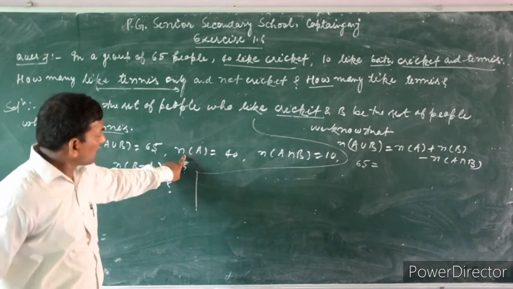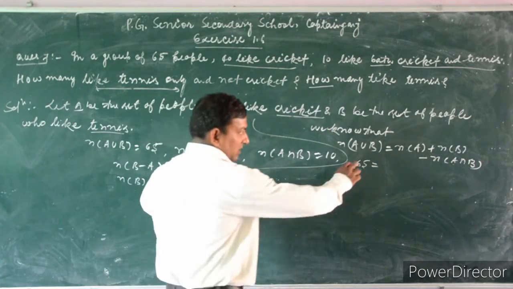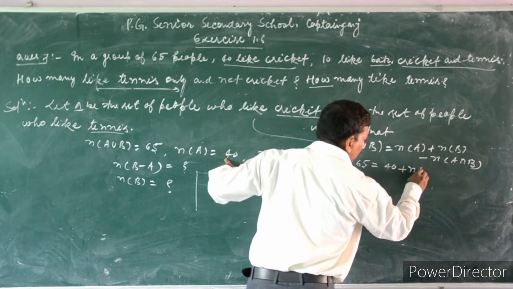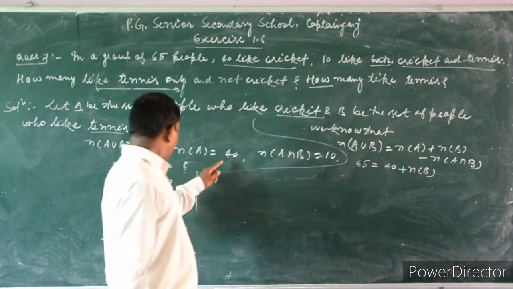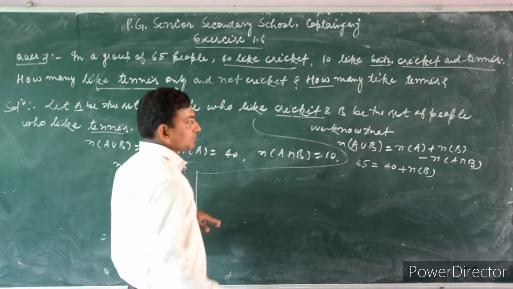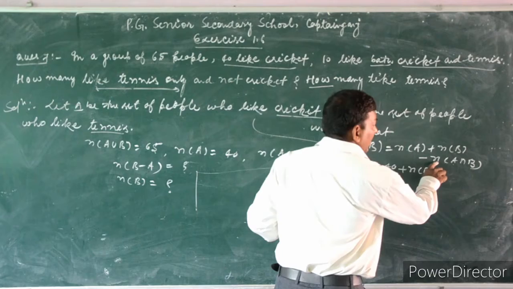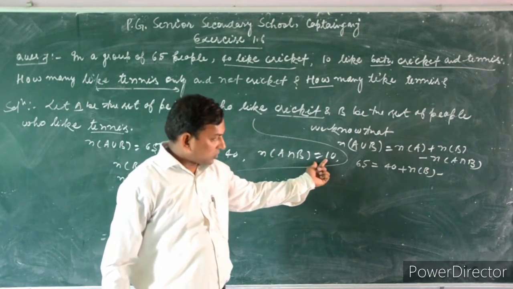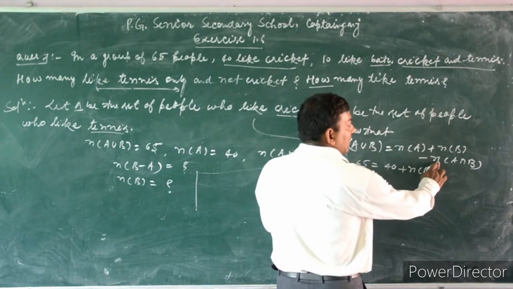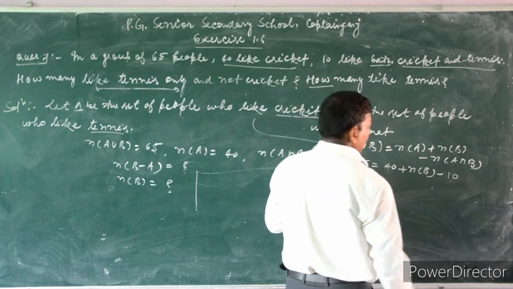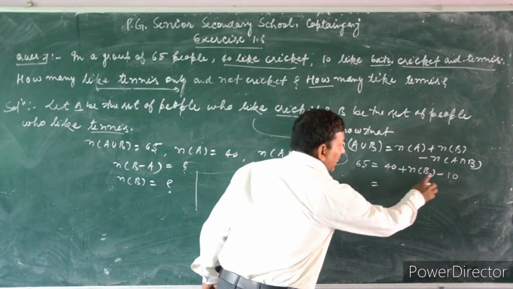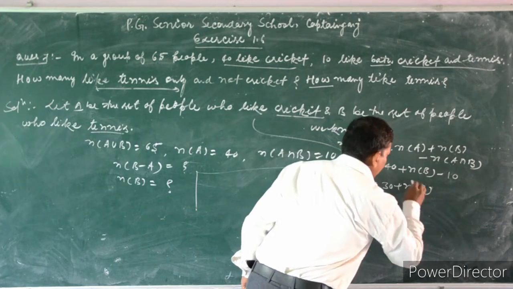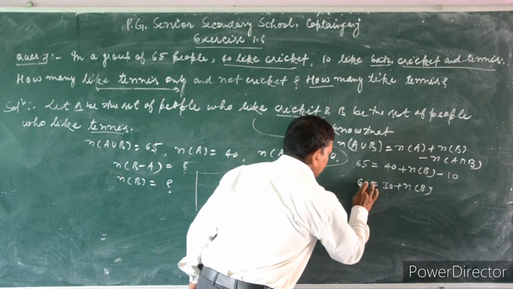The cardinal number of A is 40. The cardinal number of B is not given, we need to find it, leave it. Minus the cardinal number of A intersection B, which is 10. Now 40 minus 10 equals 30, plus the cardinal number of B, equals 65.